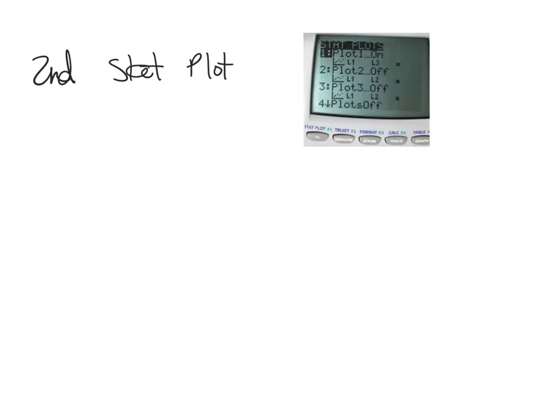Now we're actually going to graph it. So what I need you to press is second stat plot. It's under your screen. I'll show you. That right there is your stat plot button. So I hit second, then that button right there, and this right here is what I want to select. So select that one.